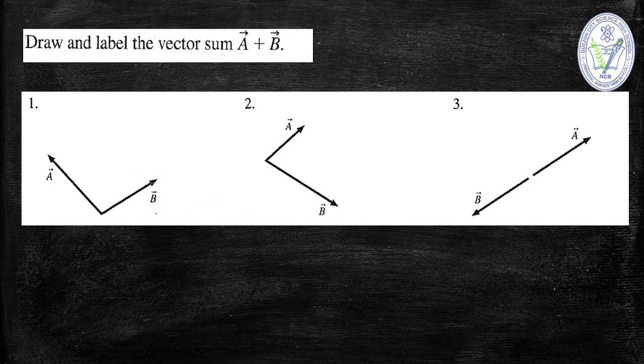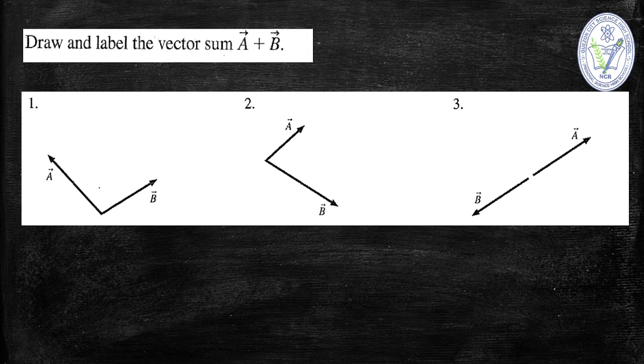So for number 1, as you can see, the two vectors, vector A and vector B, are sharing the same point, or their tails are at the same point. So how can we obtain vector C?